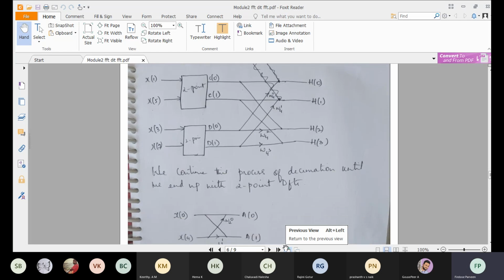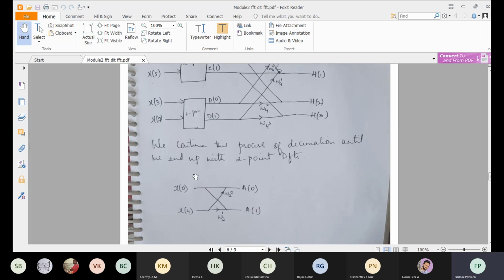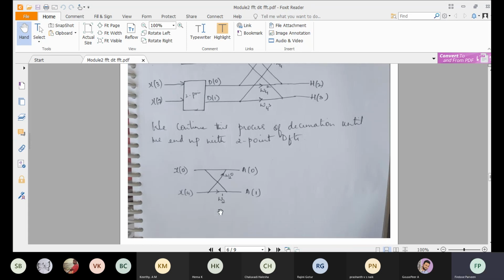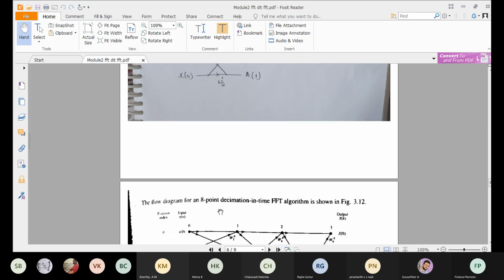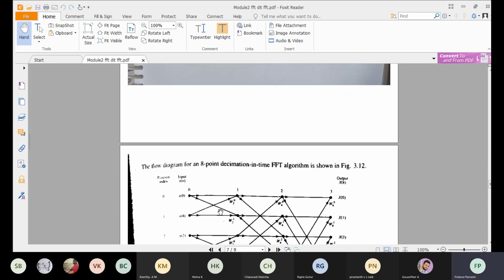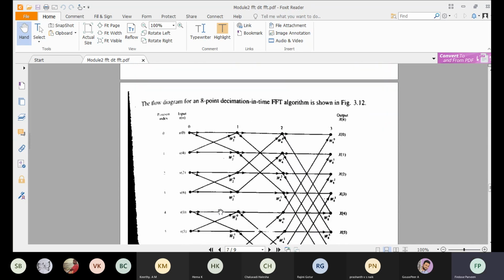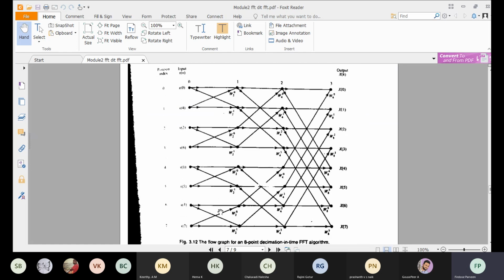Anyway, we will do it for 2 point. How you will be getting x of 0, x of 4, a of 0, a of 1, W2 to the power of 0, W2 to the power of 1. Now this complete thing we will write in one signal flow graph.